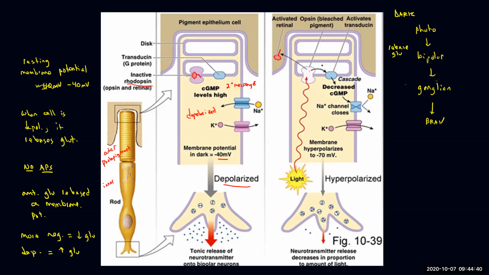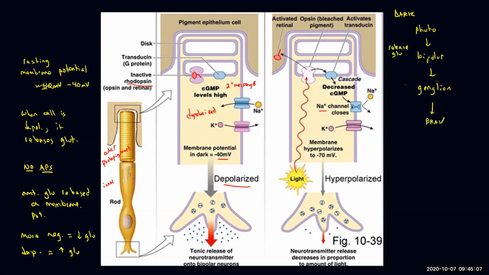Let me simplify it for you. There are some biochemical reactions that go on, and you don't need to know those. Light hits, separates my photopigment. That is going to cause those sodium channels to close. So that's what I want you to know: light hits the photopigment, and that's going to result in the closing of those sodium channels.